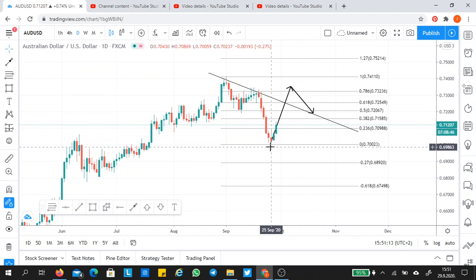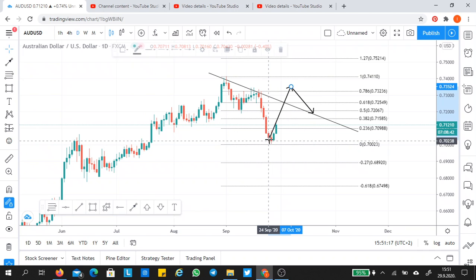Now this is then what I want to see on daily chart.